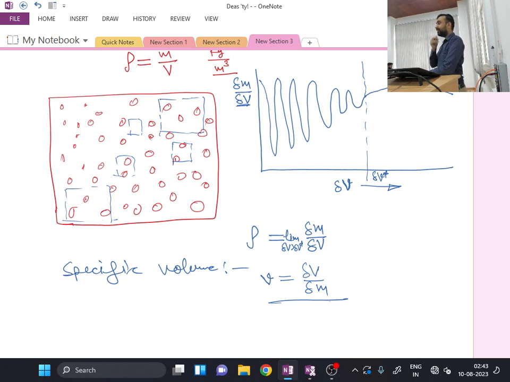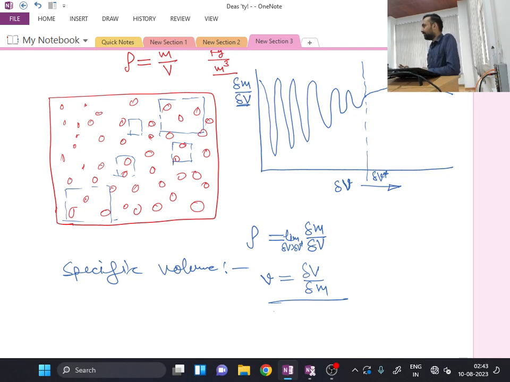The benefit is that if we divide any extensive property by mass, it becomes a specific property, and all the specific properties are of intensive nature. This does not depend upon the quantity, because the quantity has already been taken per unit. Is this one clear?